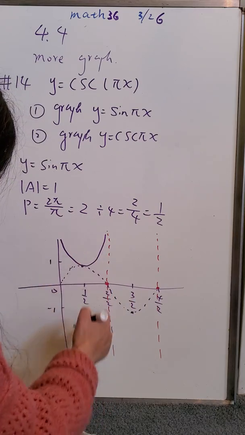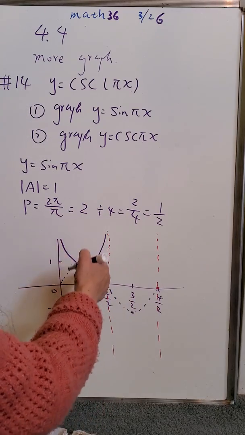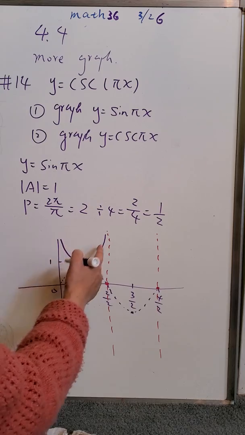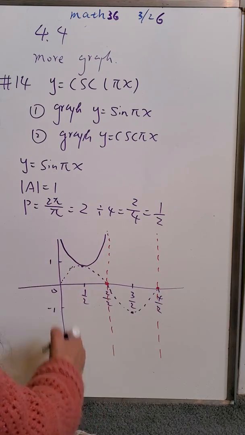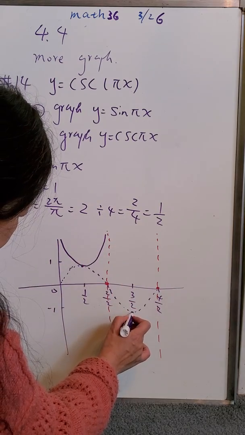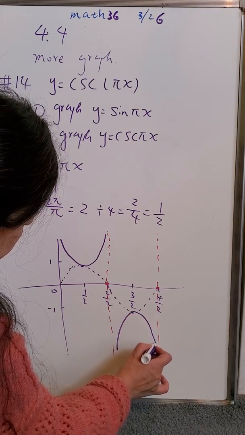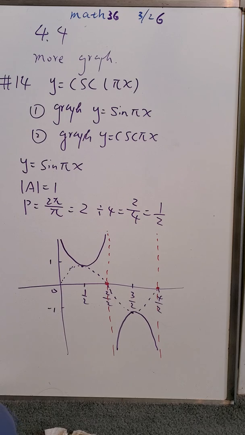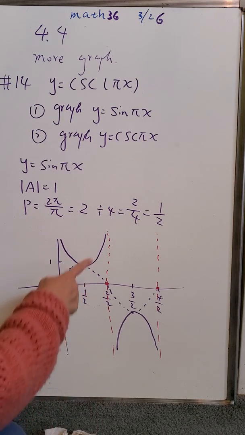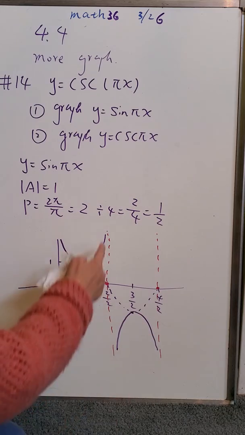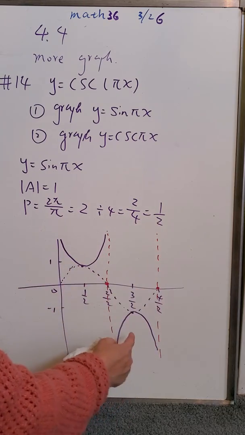Don't touch the vertical line because it's an asymptote. They just get close to it, but they don't touch it. This is a kind of line that you're not supposed to cross. It's called an asymptote. So that's the graph for cosecant, the blue one. Don't forget to graph the asymptote lines, so that way they won't go over.